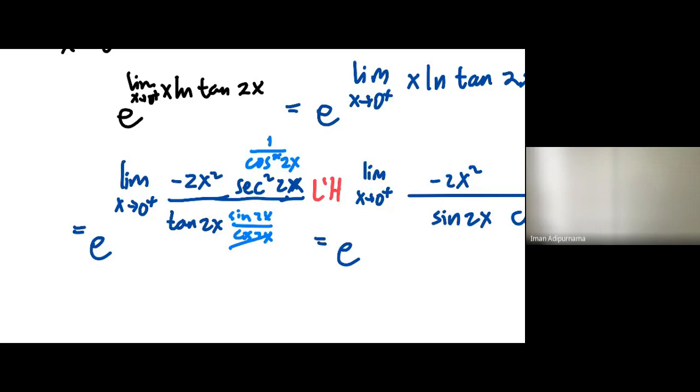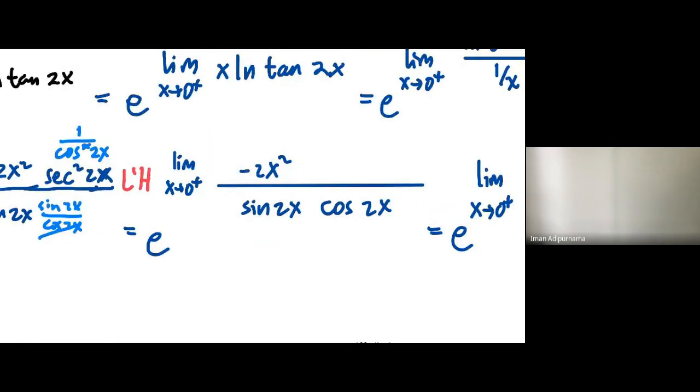If you see the secant squared, I can change it to 1 over cos squared, right? And tangent 2x, I can change to sine 2x over cos 2x. And I can remove this cos 2x with this because it has the square. So I will cancel the cos, and the final result will be negative 2x squared over sine 2x multiplied with cos 2x.